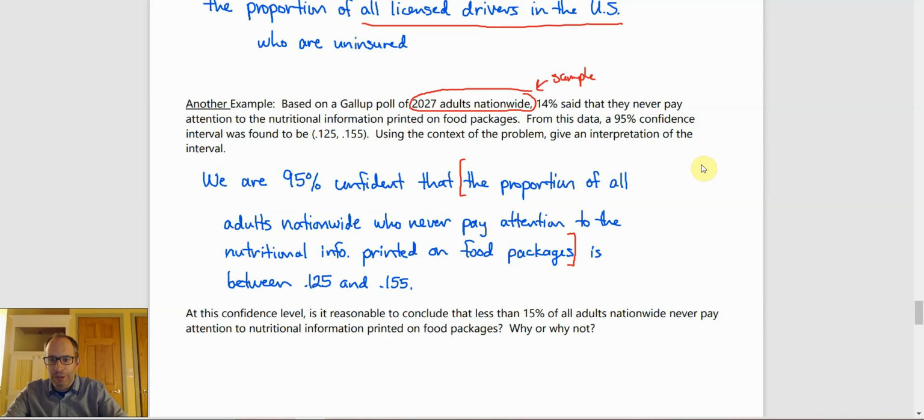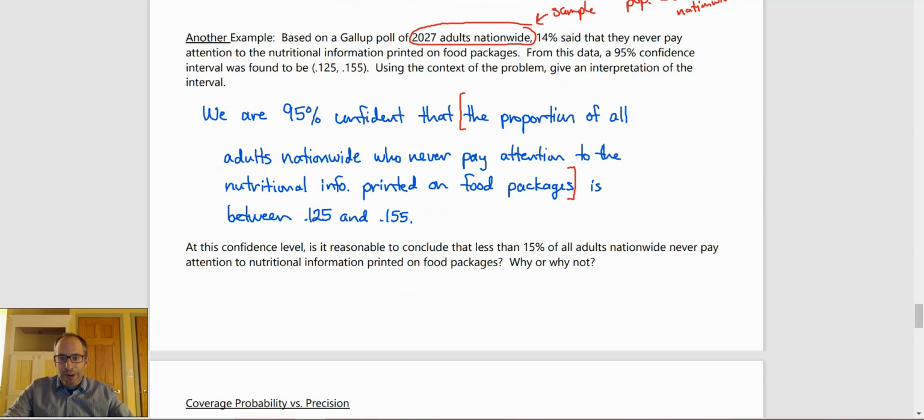So then from there you'd say the population must be all adults nationwide. And same type of individuals, but just all of them instead of a little group. But I mean, if you look at this, it's the exact same format as the other two, right? 95% confident that parameter is between 0.125 and 0.155.